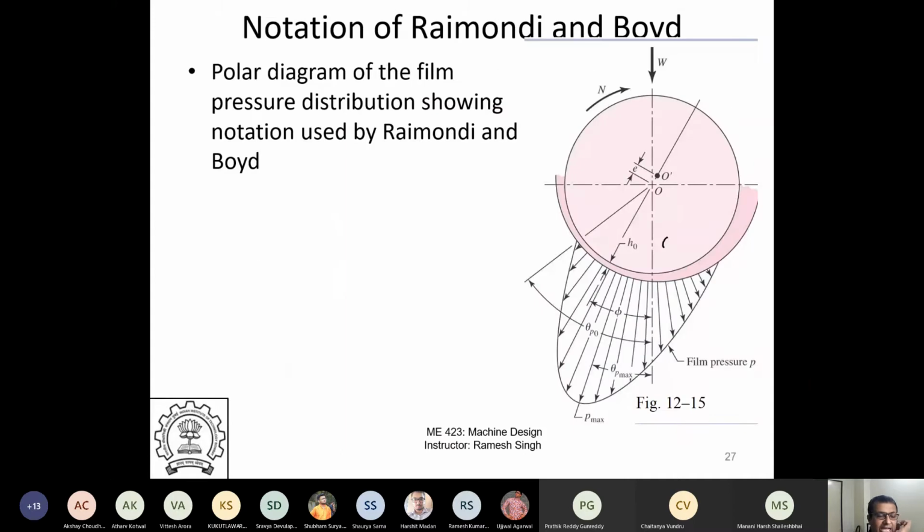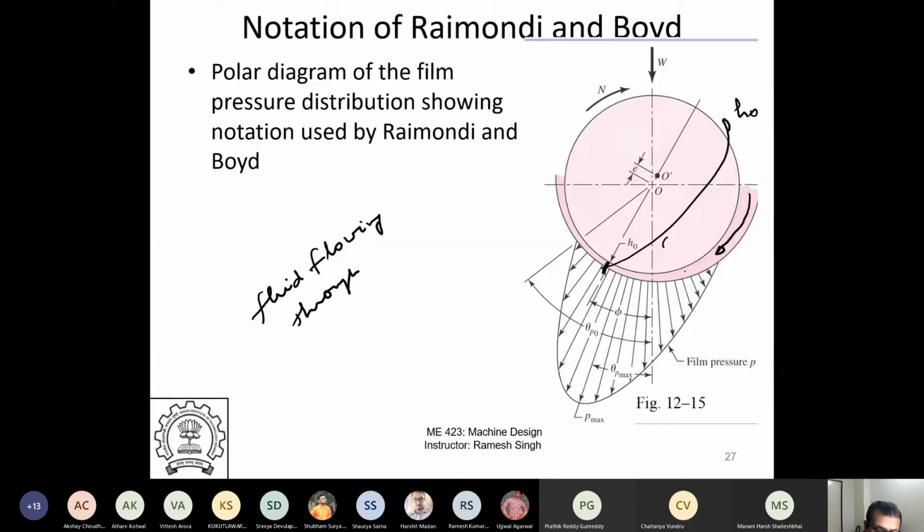Now this is the polar diagram of the journal bearing, which basically means that fluid is flowing through this. This is the converging gap. It starts from there and the gap starts to converge. There is a minimum film thickness. This h naught is the minimum film thickness, and the fluid is flowing through this converging gap. Here the pressure will start to build up.